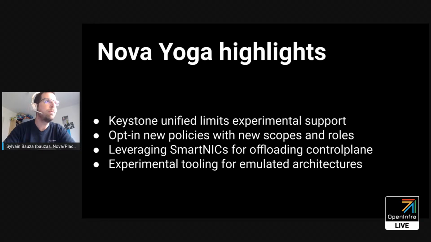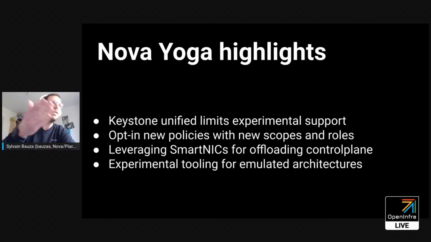Even if we were supporting secure RBAC, we saw that we did not have good roles before. So what we did in Nova was to provide new policies. You can use them, but you need to opt in. For the moment, they are not the default. You need to modify your options to use them.